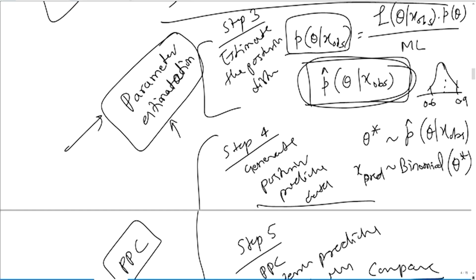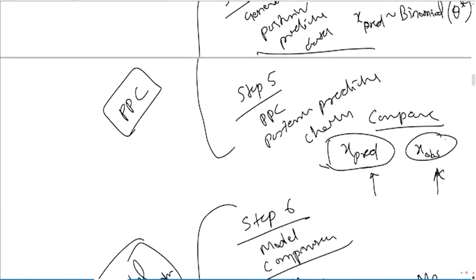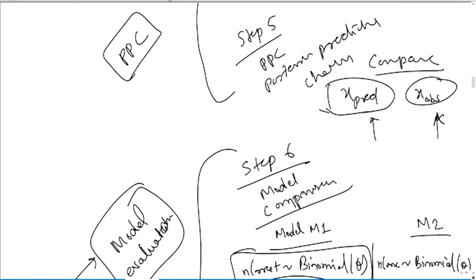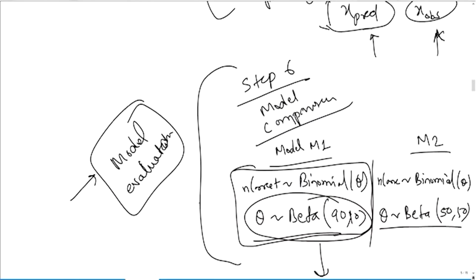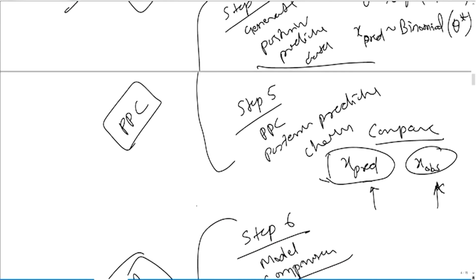Then you can sample from this vector of parameter values to get your posterior samples, and then use those posterior samples to generate posterior predictive data, right. You cannot do model comparison at this point because I haven't taught you, but you can at least practice these steps up to step 5. Okay.